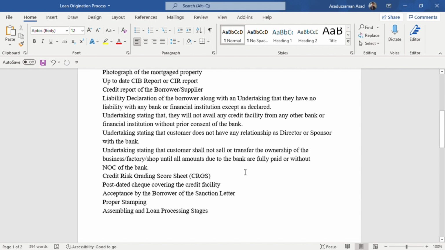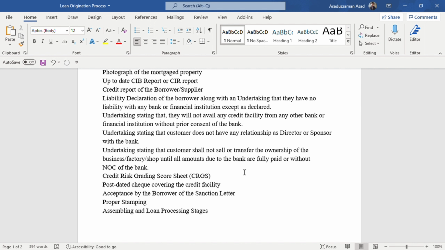If the loan is a personal loan, term loan, or a rural credit loan, in those cases, the post-dated check covering the credit facility, as a loan officer on behalf of the bank, we are taking as a security purpose to secure the loan amount.